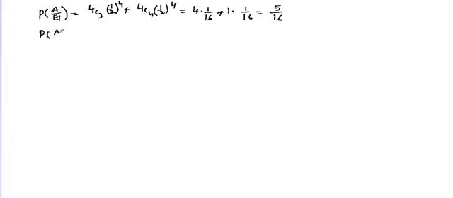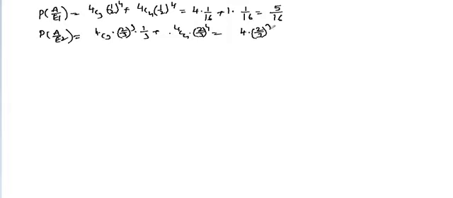And the probability of A by E2 is 4C3 into (2 by 3) whole cube into 1 by 3 plus 4C4 into (2 by 3) whole power 4.